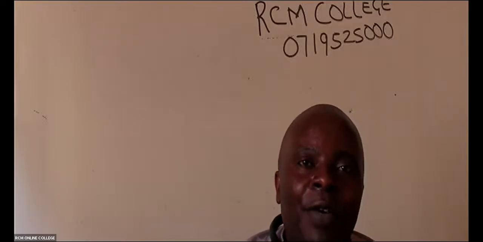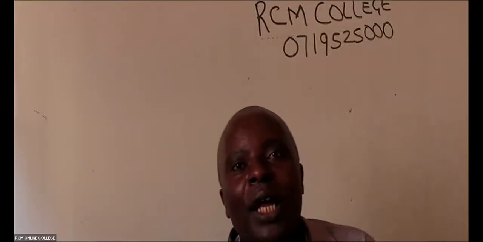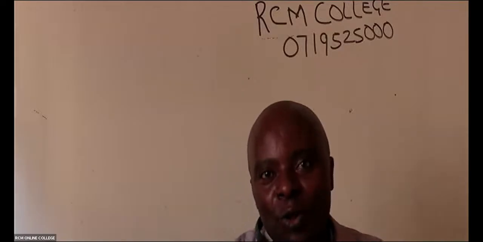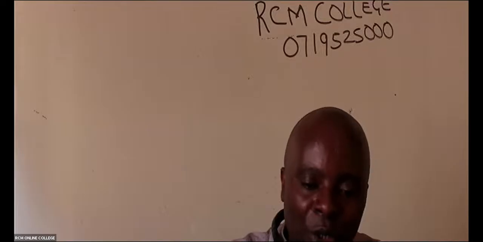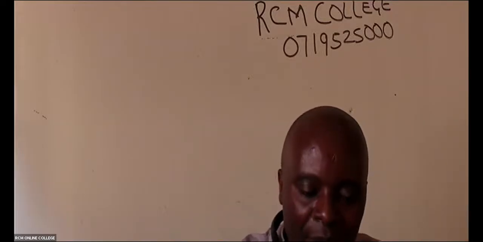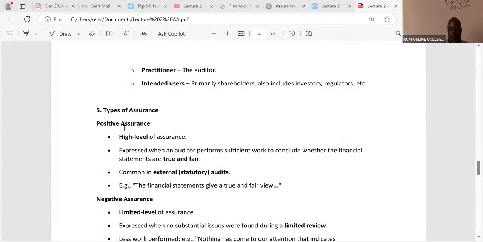So basically, whenever it comes to assurance, we shall have 2 types of assurances. We have positive and what we call negative. I'll come back to reasonable later, but we have positive assurance, and then negative assurance.